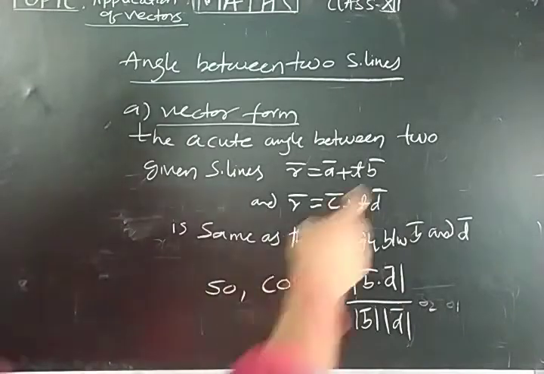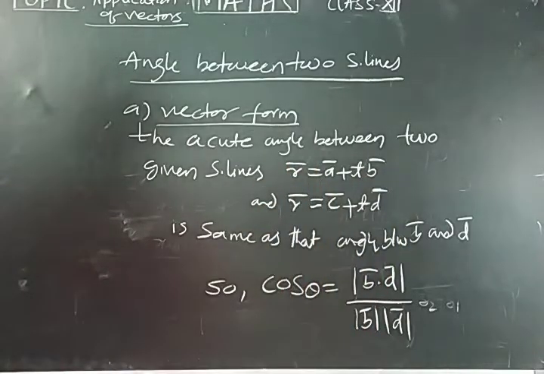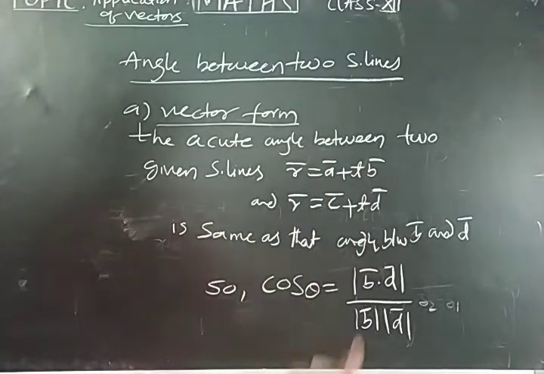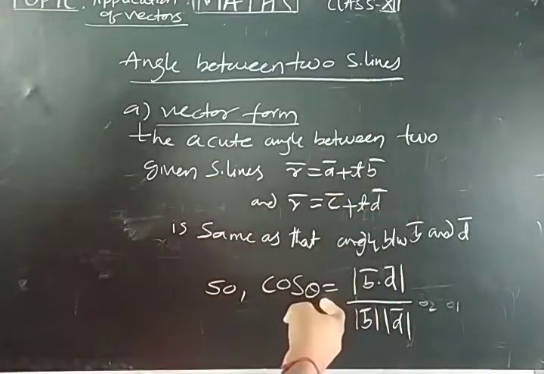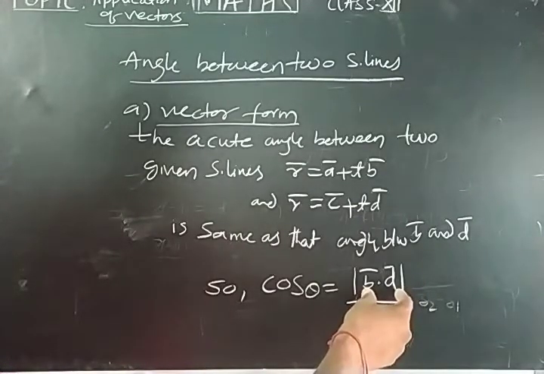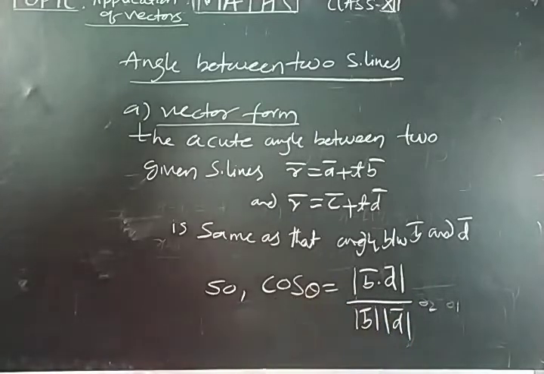That is the same as the angle between two straight lines. So we are finding the angle between two vectors using this formula. We know the dot product, no? b bar dot d bar equals mod b mod d cos theta, where theta is the angle between b and d. So this is the vector form to find the angle between two straight lines.